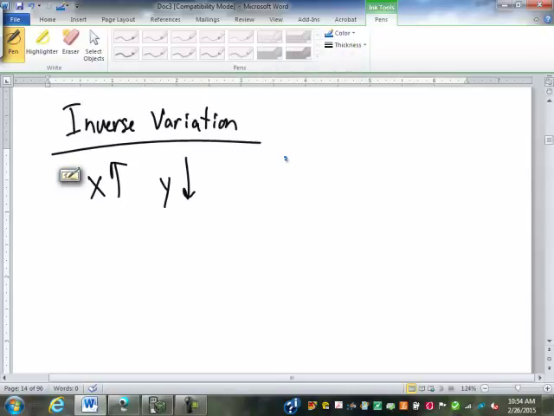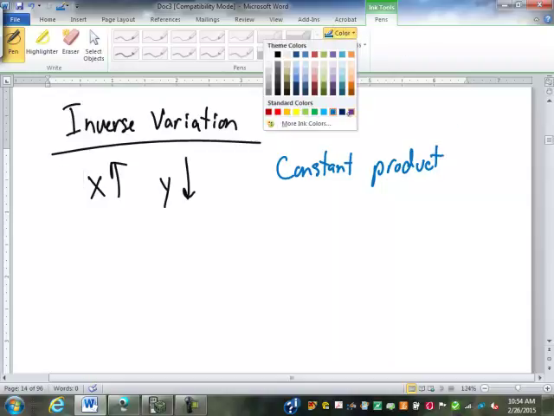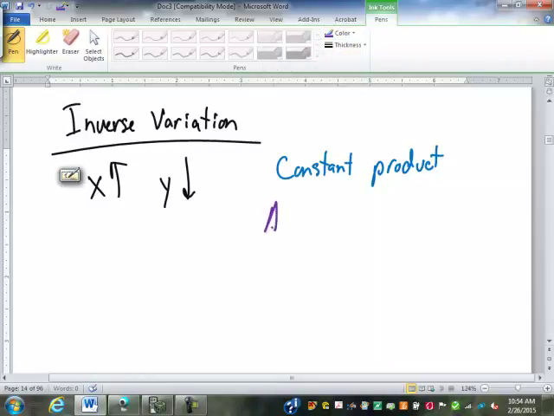This is what's often referred to as a constant product instead of a constant ratio. In this case, a times b would be equal to little a times little b. Or the other way of thinking is x times y equals a constant. Or more often, more useful usually, is y is equal to a constant divided by x.